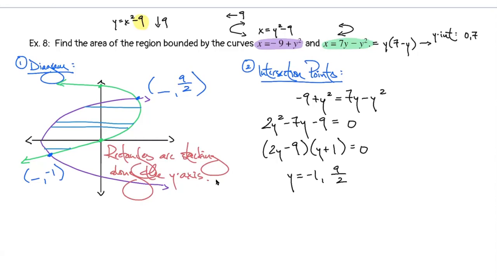So let me pause here for a moment, all right? I've done a lot of talking in terms of here's our diagram, here's our setup. Are there any questions here before we set up our integral?